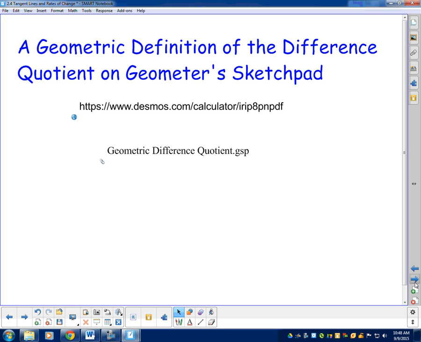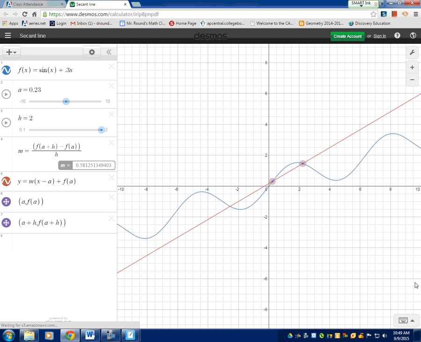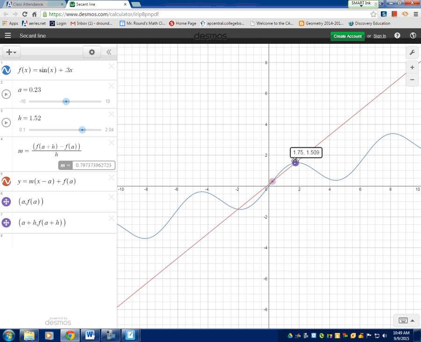So, the geometric definition of the difference quotient on Geometry Sketchpad. I think you already saw this, but I'll show it to you again, as we drew a picture of it here today as well. Here's what you were doing the other day: average rate of change.